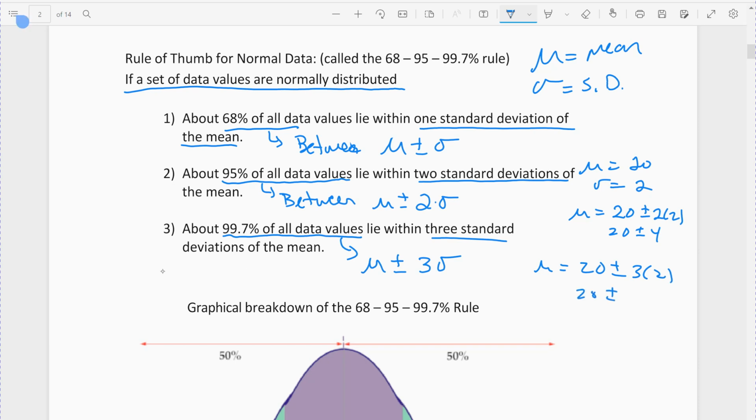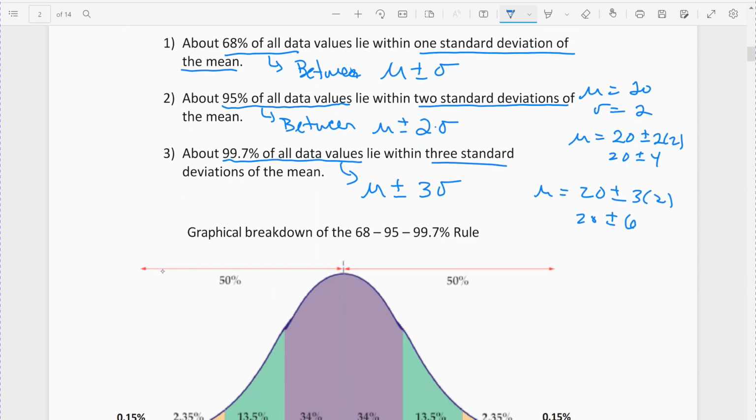So almost all, 99.7%, would land within 6 units of 20. So they'd be between 14 and 26. Almost every single data point on our list, 99.7% of them, will land between 14 and 26, if this were an example that we did.